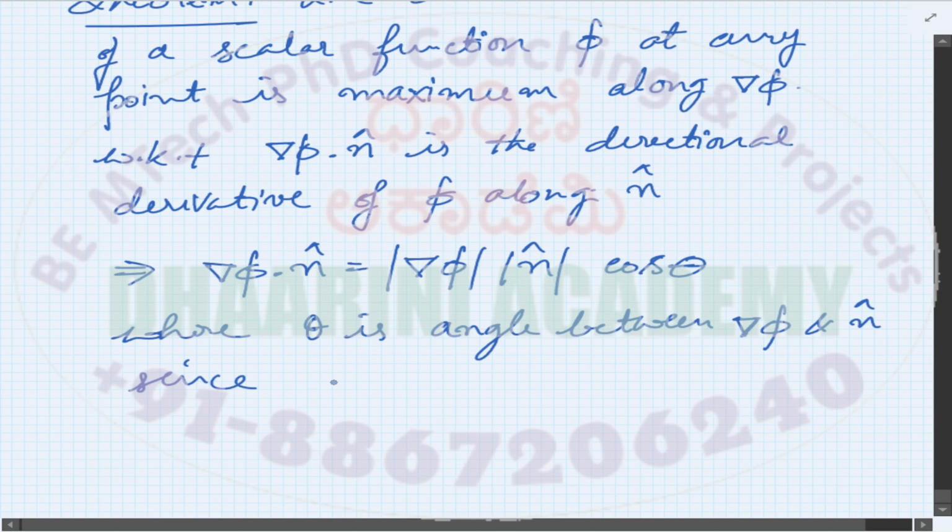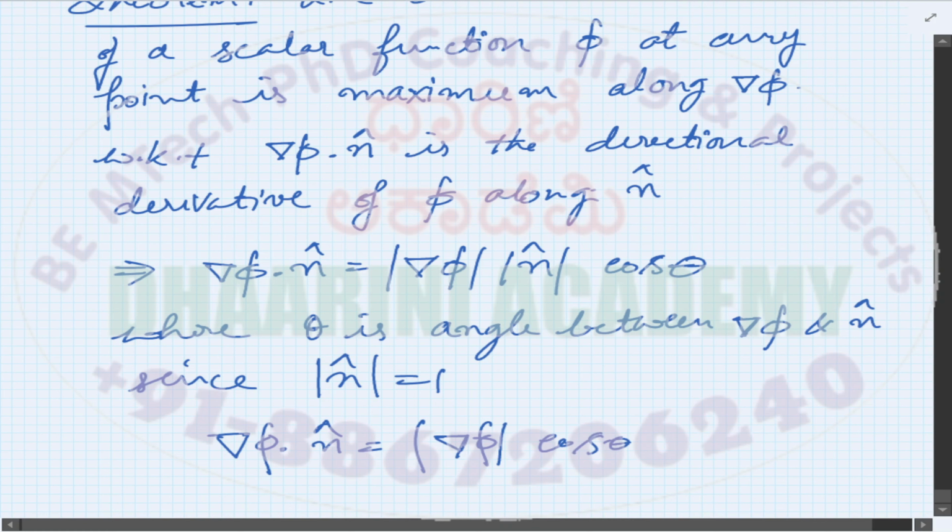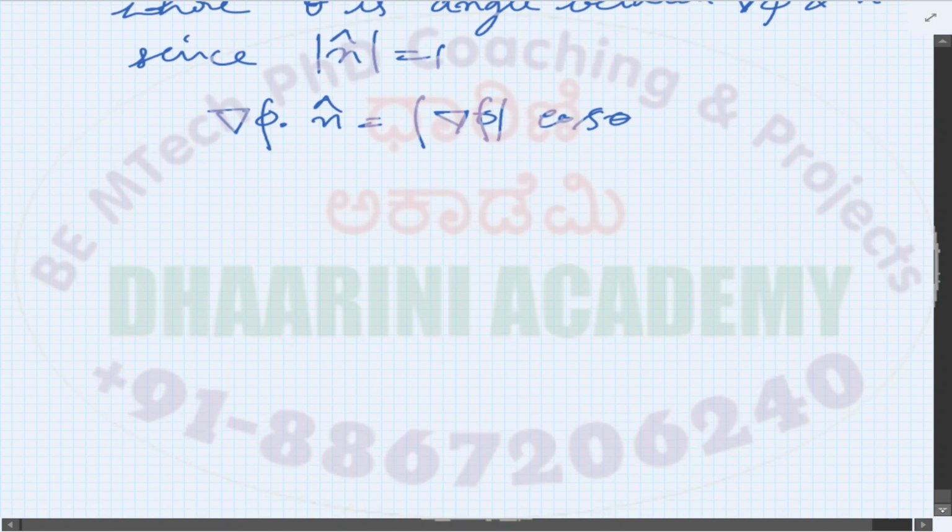Since magnitude of n cap equals 1, del phi dot n cap is nothing but magnitude of del phi into 1 into cos theta. So magnitude of del phi is a fixed value, but depending upon the value of cos theta, the directional derivative is going to change now, right?